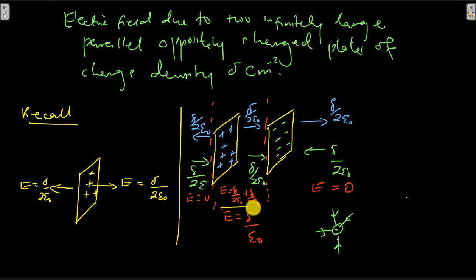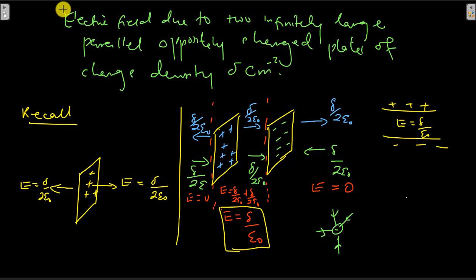Notice that this electric field applies well inside the plates. So if you have two parallel plates, a positive plate and a negative plate, the electric field inside here is sigma over epsilon naught.